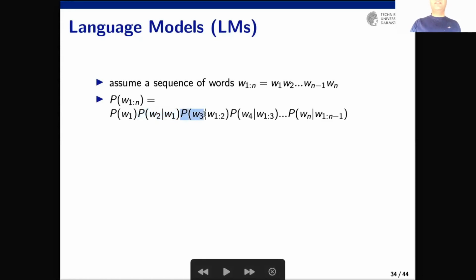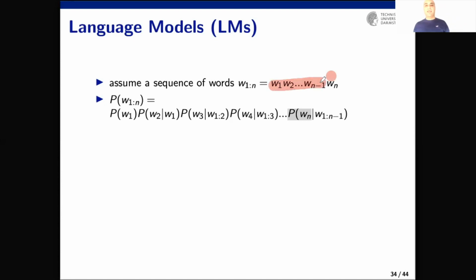And then the probability of the third token given whatever we have seen in the previous tokens. And finally, the probability of the last token given all other tokens in the sentence. So for predicting the probability of these tokens, we look at this sequence of tokens as context. This is what we know as context in language, right?